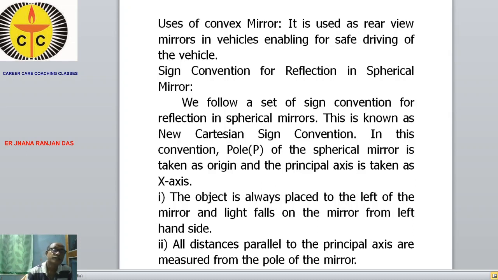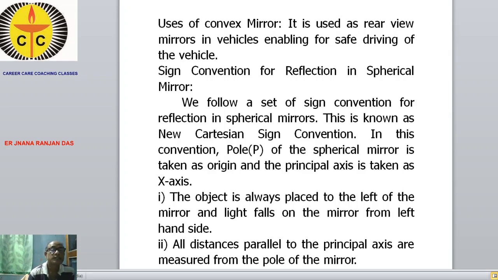When the image is formed due to the object being at different positions, you have to find out different parameters. What are the parameters?